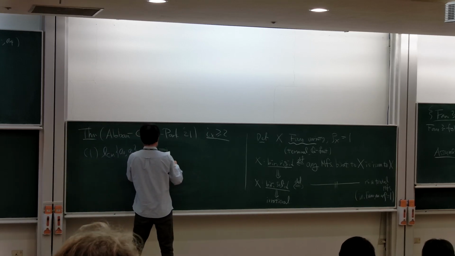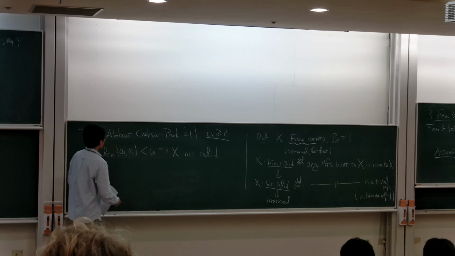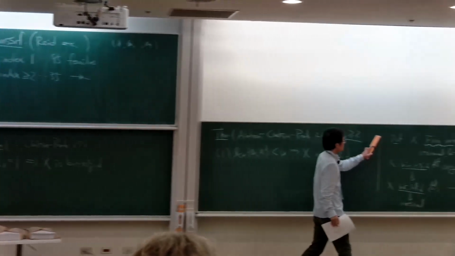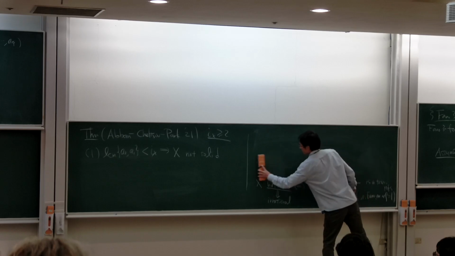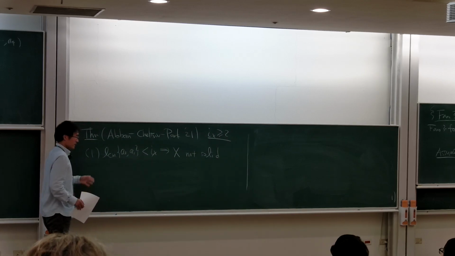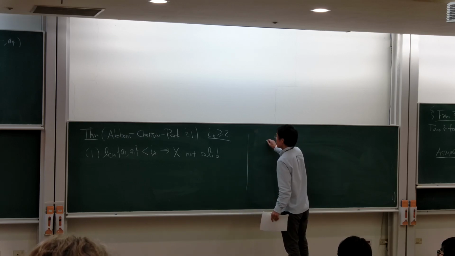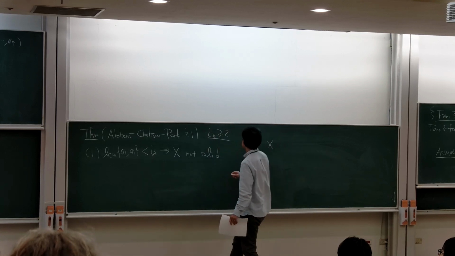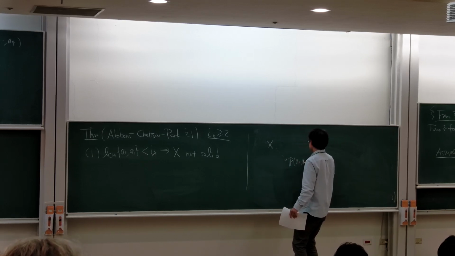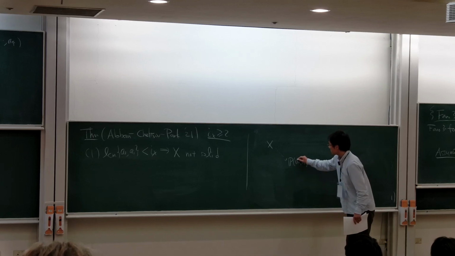So in this case, they show that X is not birationally solid, and this can be seen easily, so let me quickly explain. Suppose we have X with this assumption, and let's consider the projection to this weighted projective space.